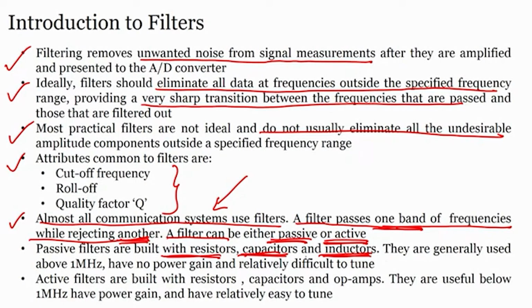They are generally used above 1 megahertz, have no power gain and are relatively difficult to tune. Okay. Which one? We are talking about passive filters. Passive filters are built with resistors, capacitors, inductors. They are generally used above 1 megahertz and have no power gain and are relatively difficult to tune.